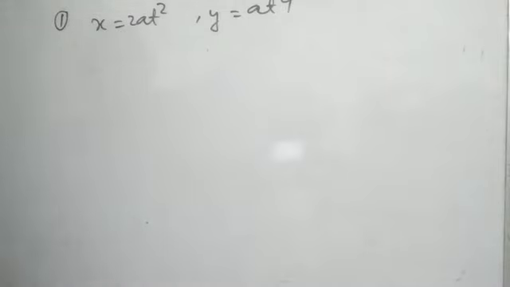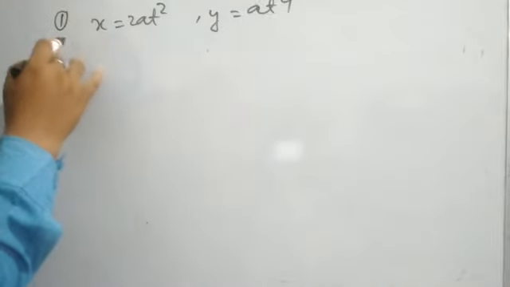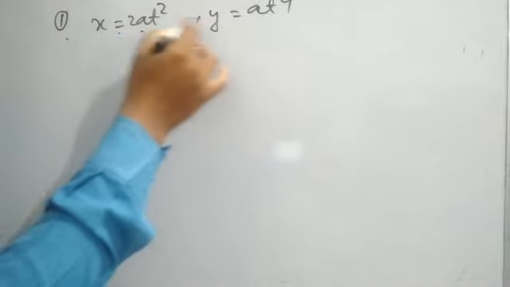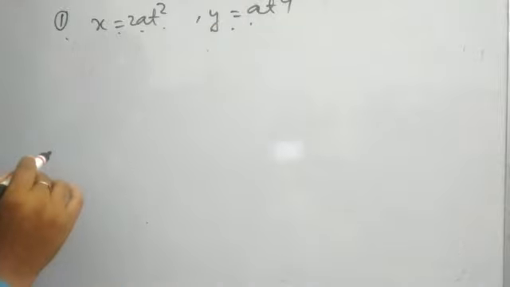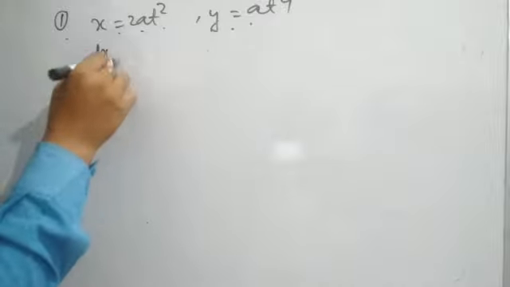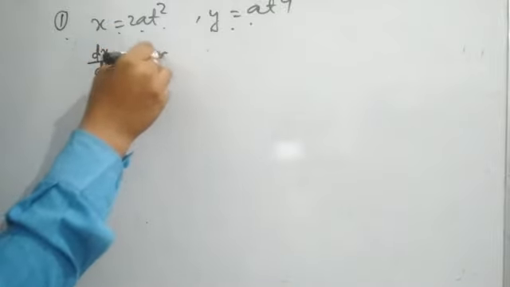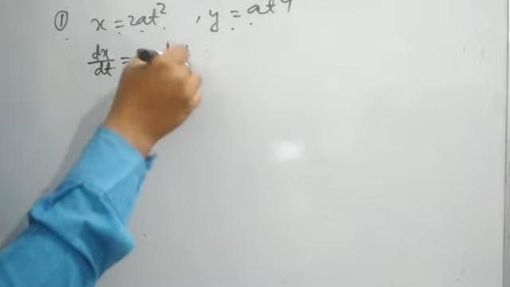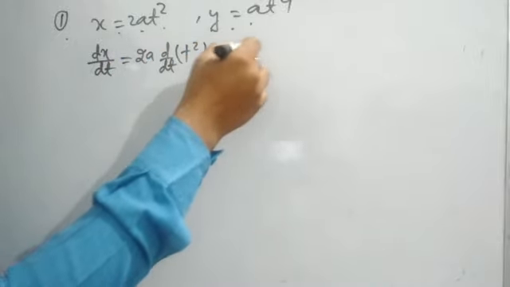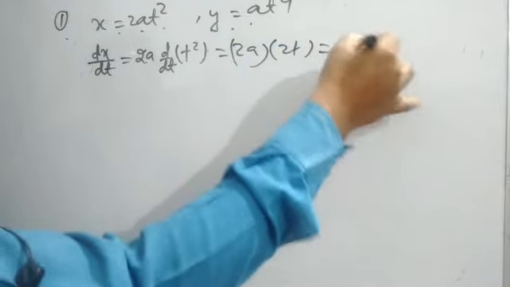Now I'll consider exercise 5.6 in your book. x is equal to 2at square, y is equal to at to the power 4. First we have to find dx by dt. Why? It is a function of t. Then 2a is constant, derivative of t square is 2t, so that is equal to 4at.